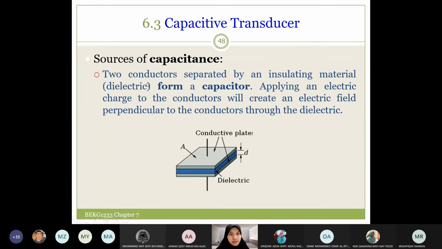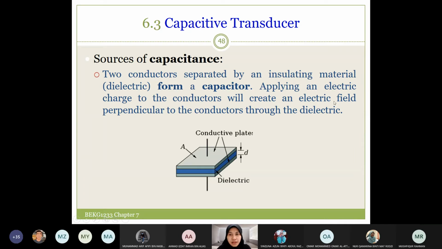Basically, if you place one conductor close to the other conductor, with insulating material or air in the middle, it will form capacitance.